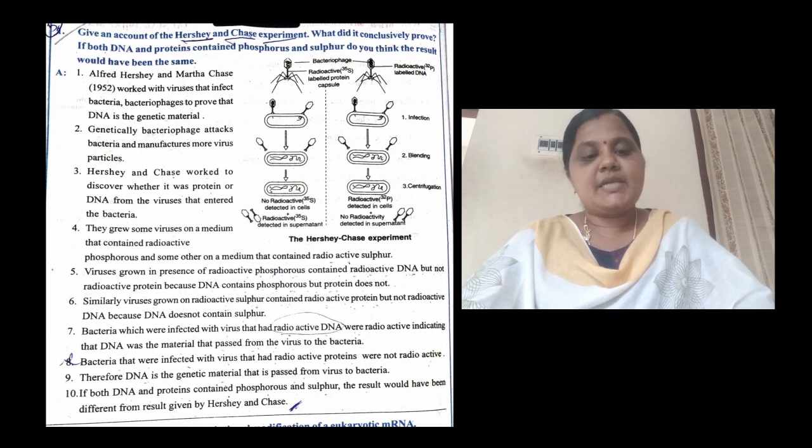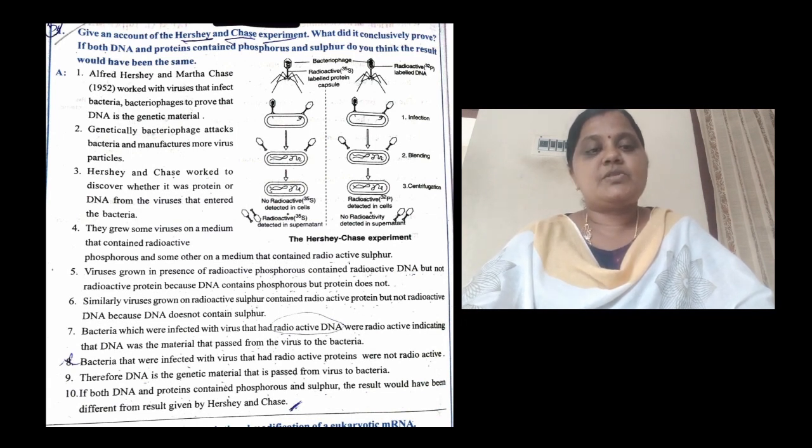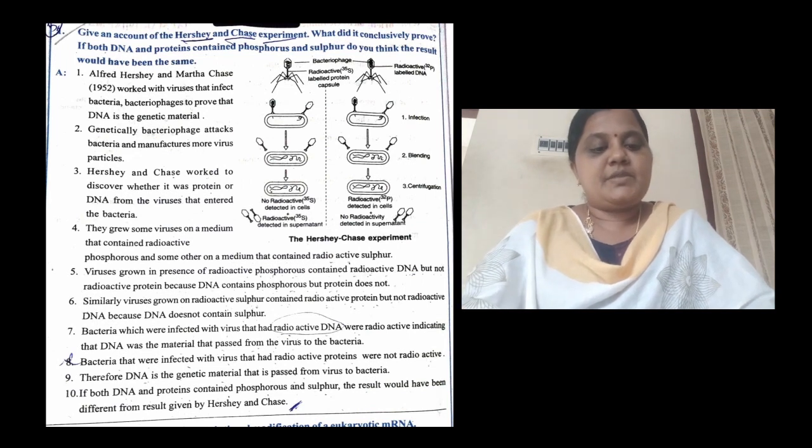If both DNA and proteins contained phosphorus and sulfur, the result would have been different. This was shown by the Hershey and Chase experiment. Experimentally they proved that DNA is the genetic material.